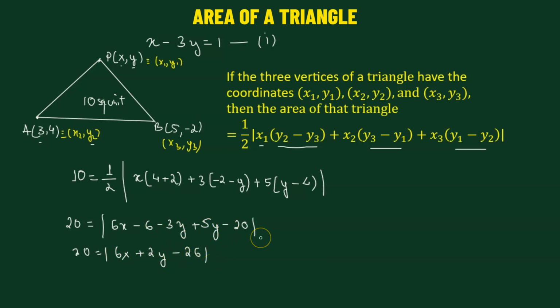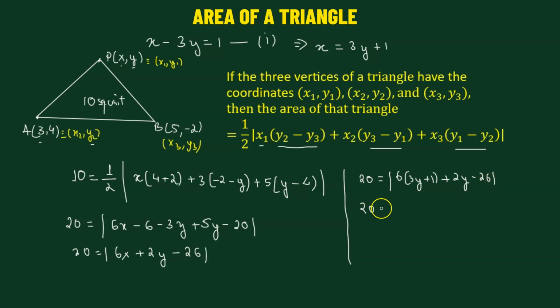Now what we can do is replace the value of x. Let's use equation number 1. If we isolate x from equation number 1, then x equals 3y plus 1. So we replace x with 3y plus 1, which will help us find the value of y. We have 20 equals the absolute value of 6 times 3y plus 1, plus 2y minus 26.